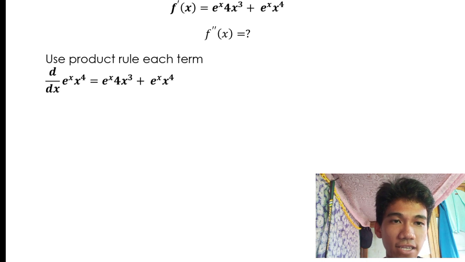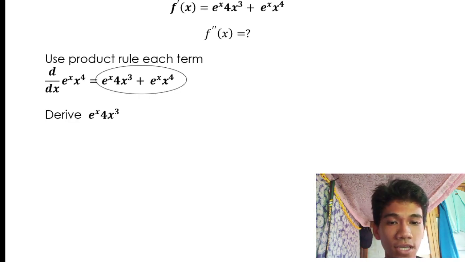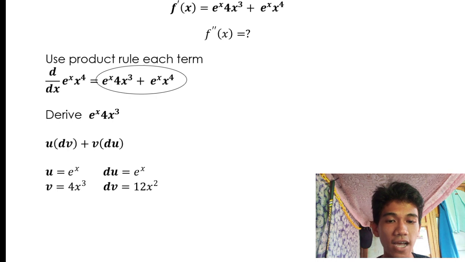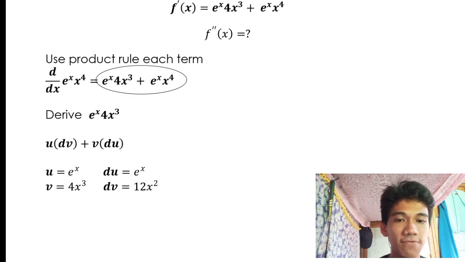So what's left for us to derive here is e raised to x 4x cubed. We use the product rule again, which is first, find the values of u, v, the derivative of u, and the derivative of v.